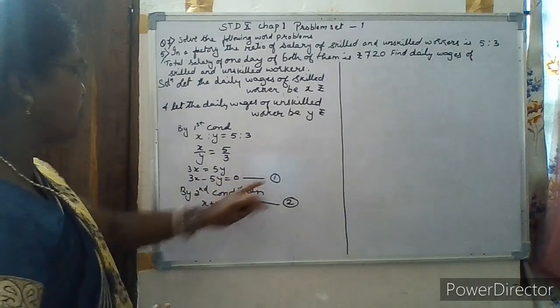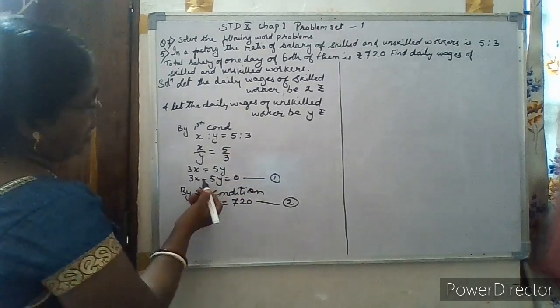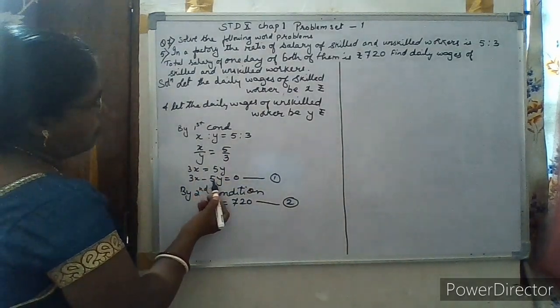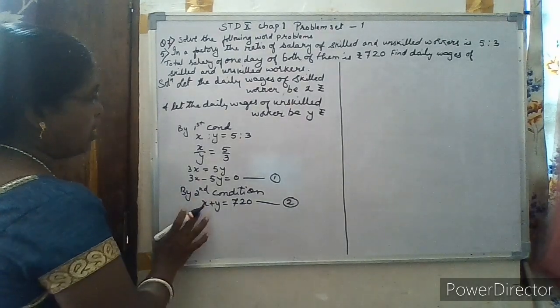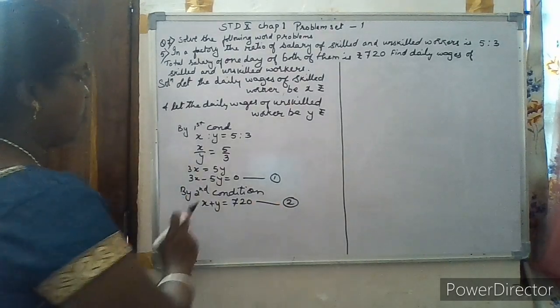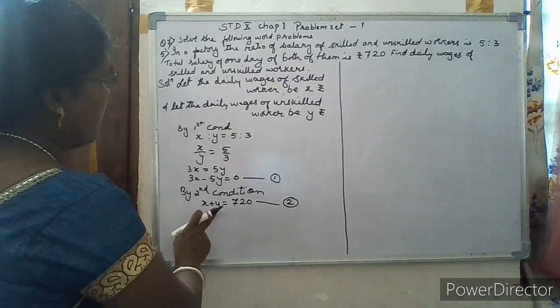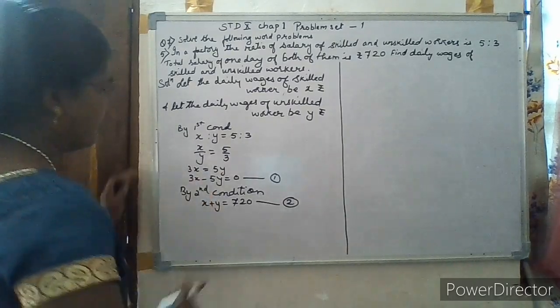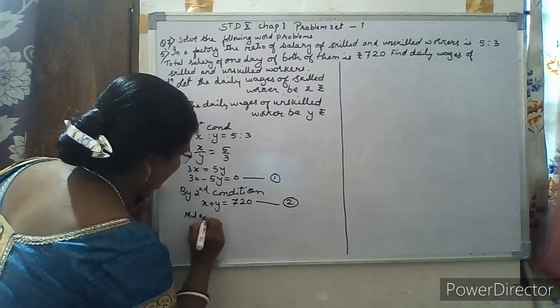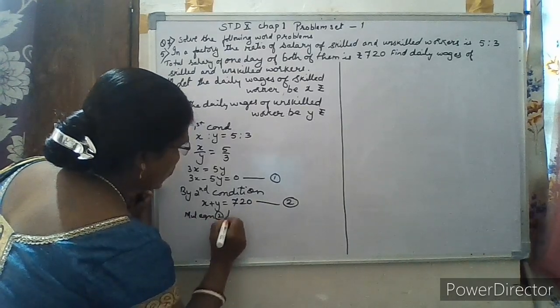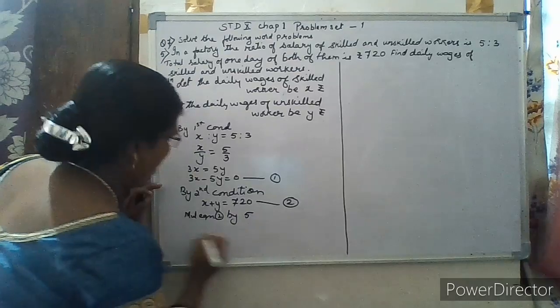Now look at equation 1 and equation 2. Here we have the coefficient as minus 5y, and this is only y. So let us multiply equation 2 by 5, so that we get 5y and can cancel. Now multiply equation 2 by 5.